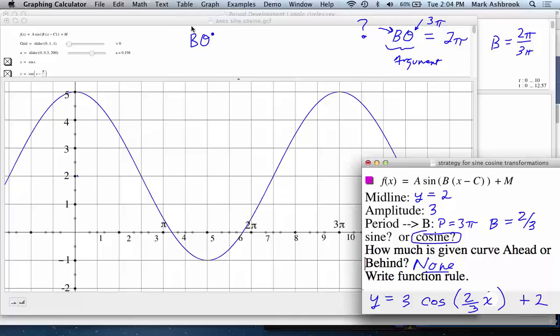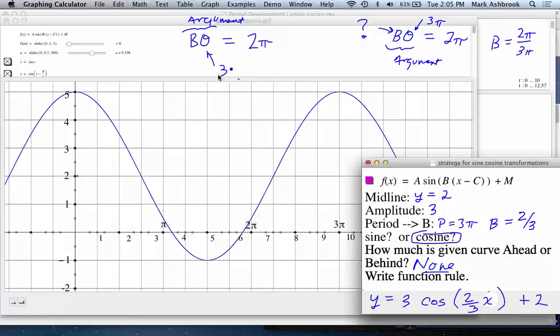Okay, so this is our argument. And the argument, if we get a full cycle of sine or cosine, then the argument reaches what? 2 pi. So we know the period in terms of the input, right? What's the period in the input? 3 pi. So theta is a changing quantity, but when it hits the period, that's when we want the argument to hit 2 pi, because we get 1 cycle.